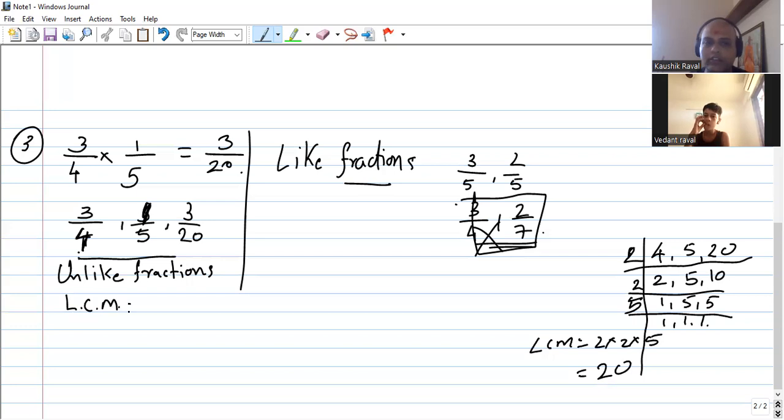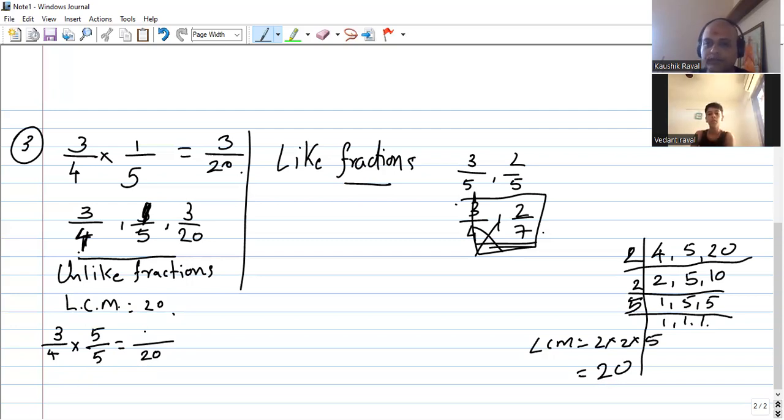LCM is 20. Now what do we have to do? 3 by 4. We have to convert it into a fraction with a denominator of 20. How will you do it? How many times 4 is 20? 4 5s are 20. So when you multiply the denominator, you must multiply the numerator.